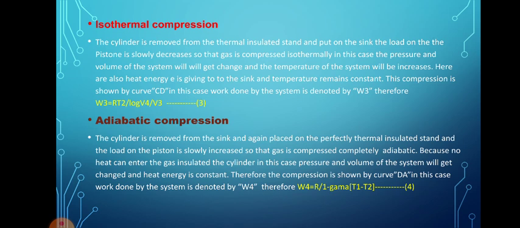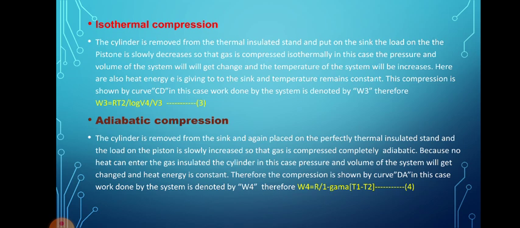Next, the fourth one is adiabatic compression. The cylinder is removed from the sink and again placed on the perfectly thermal insulated stand, and the load on the piston is slowly increased, so that the gas is compressed completely adiabatically. No heat can enter or leave the gas because of the insulated stand.